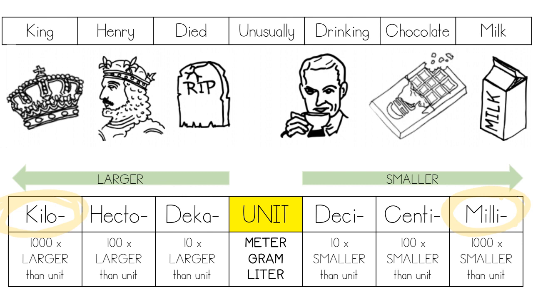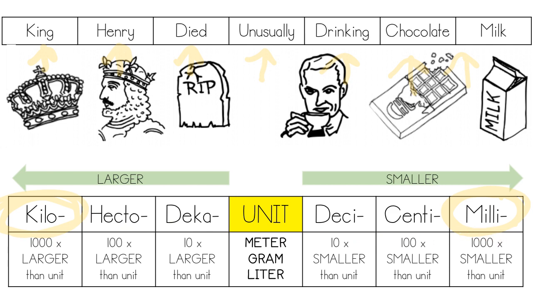And the way to memorize this, there's a little trick that I use, and it's King Henry died unusually drinking chocolate milk.